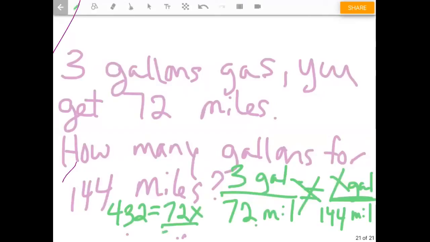Divide that. What do we get? 6. 6 what? 6 equals x, or 6 gallons. So x is 6 gallons. So if we need 6 gallons to go 144 miles.